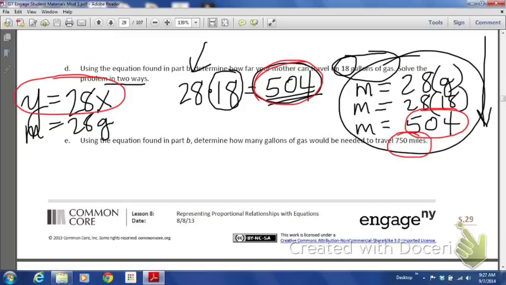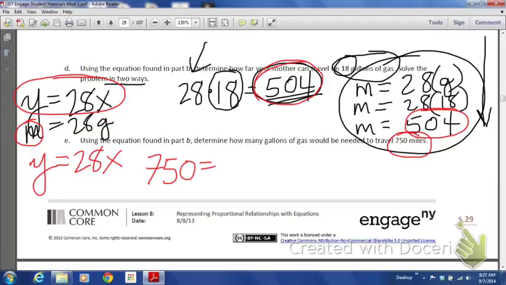We just use our equation, which is y equals 28x, reminding ourselves that the y and m are synonymous with miles. So that means 750 equals 28x. X is what we're solving for right now. We're trying to solve for gallons of gas.